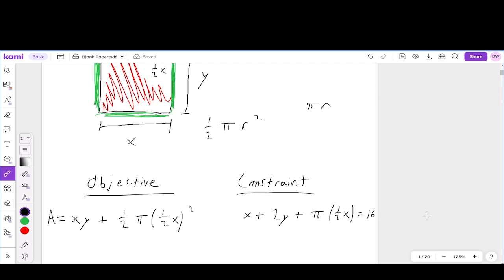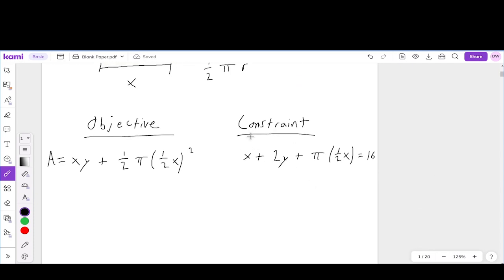So we've done, honestly, the hardest part of the problem right here, in my opinion, because the objective and constraint, which some people call primary and secondary equations, is the only part that's different for every optimization problem. Everything I do next is going to be basically the same thing every time. So I have to solve my constraint equation first, and I get to choose between solving for x or for y. I'm going to choose y here because there's two x's, meaning it's harder to solve for x.